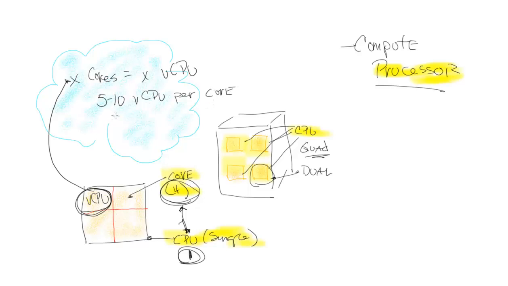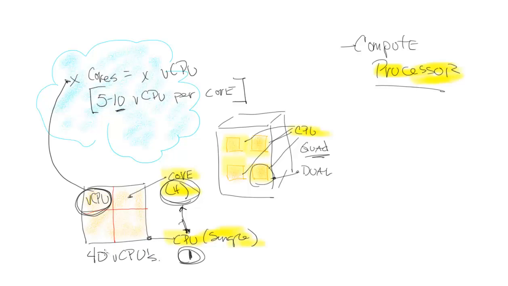So however it breaks it up, that's kind of how the calculation goes. So X amount of virtual CPUs per core. And let's say they chose 10, so this physical chip would support, say it with me, 40 virtual CPUs.